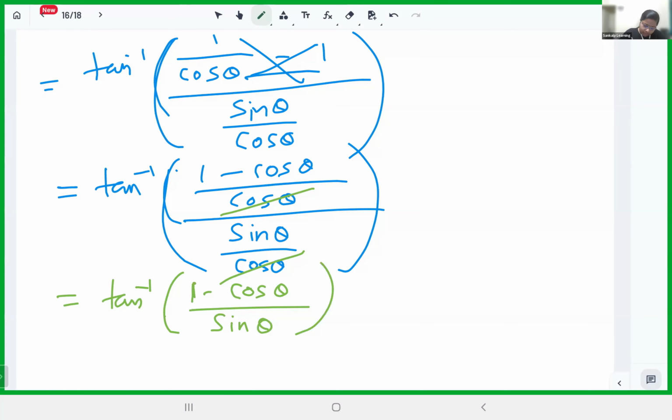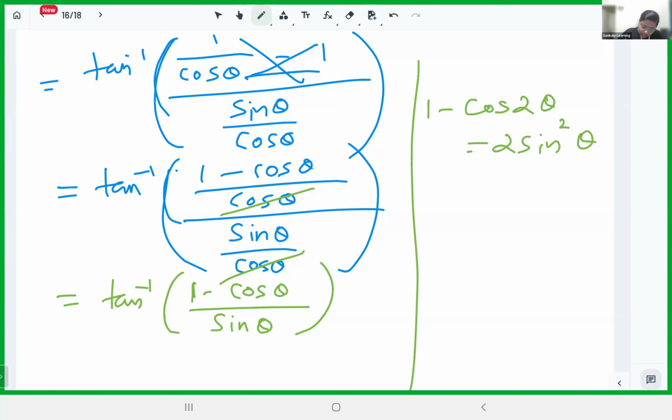So this can be written as 1 minus cos theta. Cos 2 theta, we know, is 1 minus 2 sine square theta, which means 1 minus cos theta is 2 sine square theta by 2. And what about the sine theta?